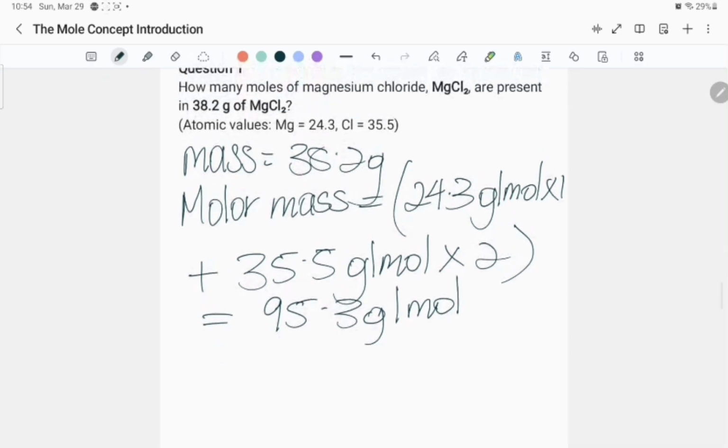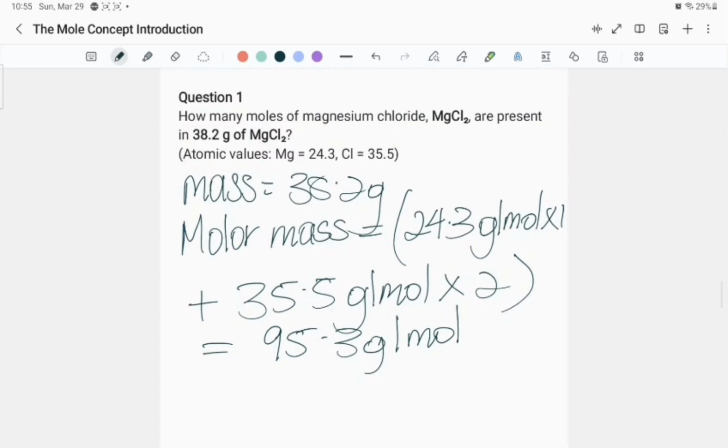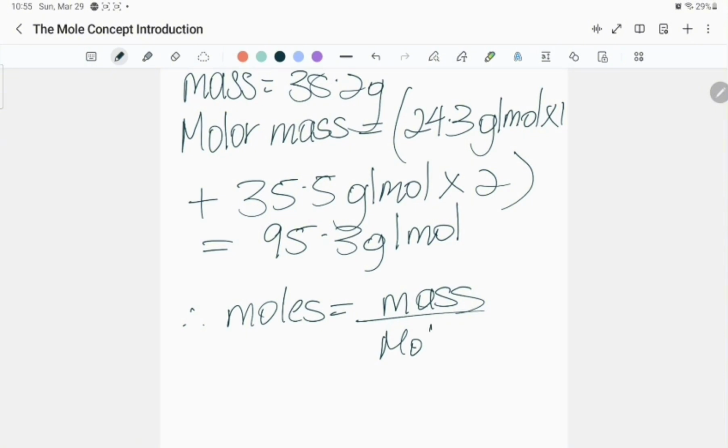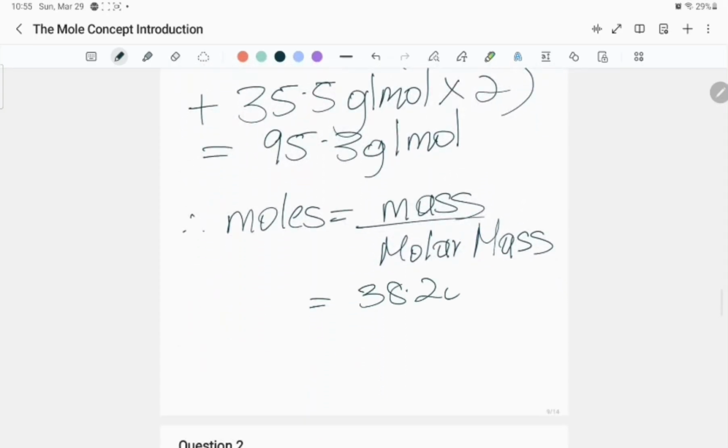Now we have the two essential components for calculating moles. We can now use the formula and plug in these values. Moles is equal to mass over molar mass. What is our mass? 38.2 grams.